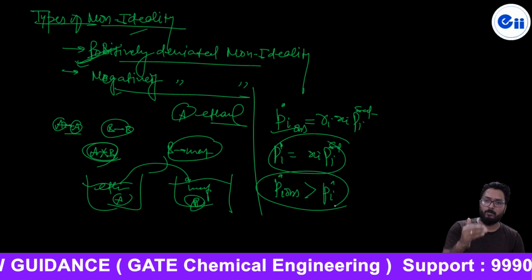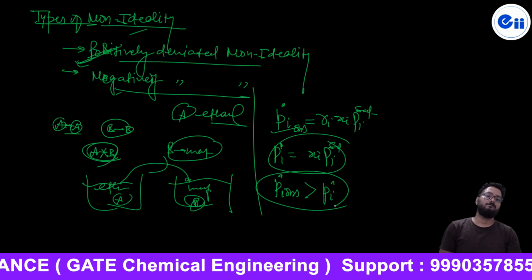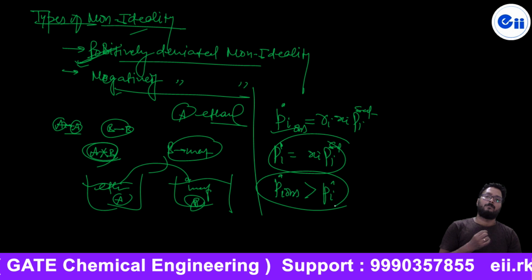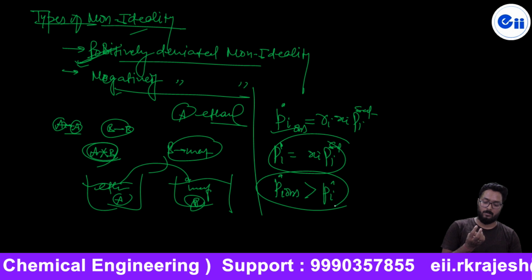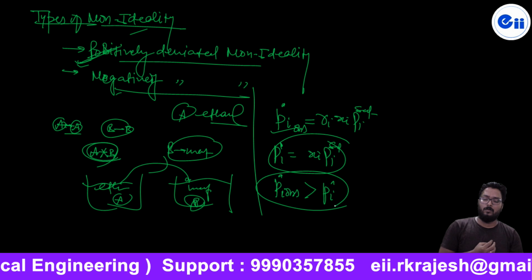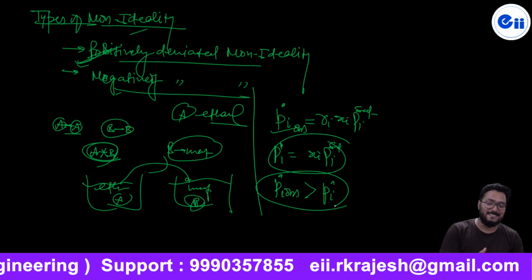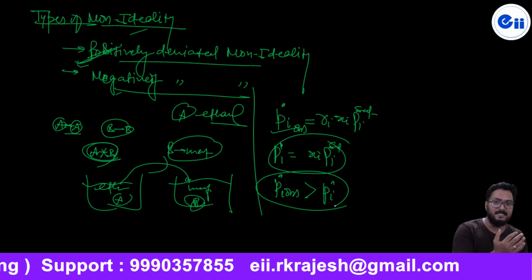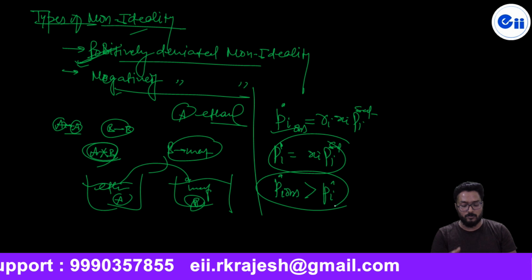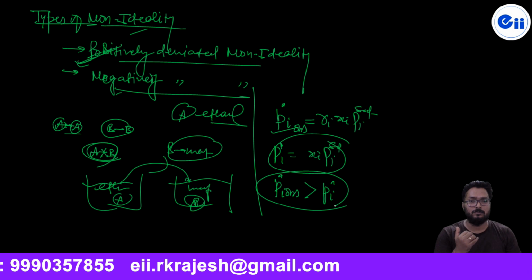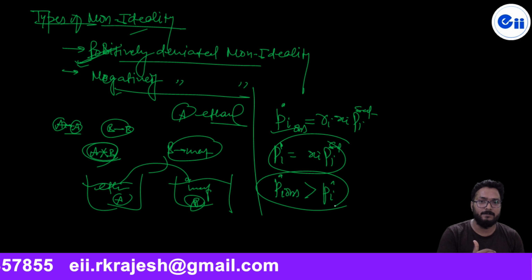So one thing very important, listen. When the observed partial pressure exerted by the species in the vapor phase is more than what we have calculated from the ideal Raoult's law, that mixture is going to show positive deviation from ideality.